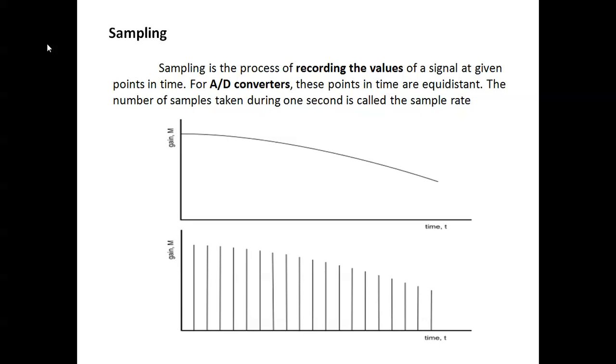After sampling, the quantization process occurs. After taking the samples, the value won't be a perfect value, so it might be 91.867.